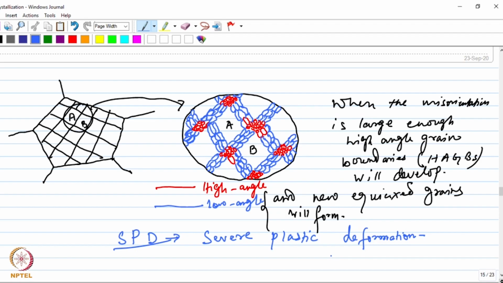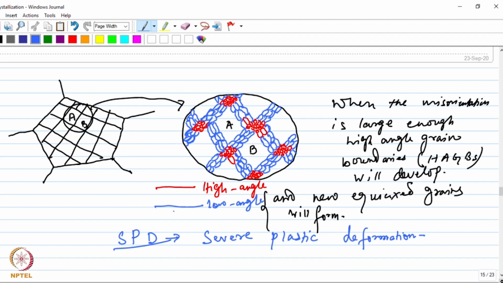You need the dislocations to build up, right? So that you can develop that strain energy gradient across the boundaries for the nucleus to form, right? So that's the driving force over there, the strain energy gradient or the dislocation density gradient, right? And for that to occur, the dislocations have to accumulate, right? So there you need to have lower extent of cross slip so that the dislocation build-up can occur.